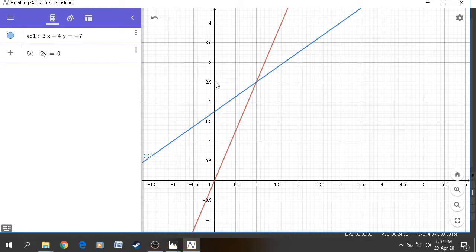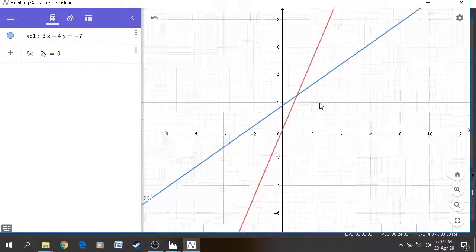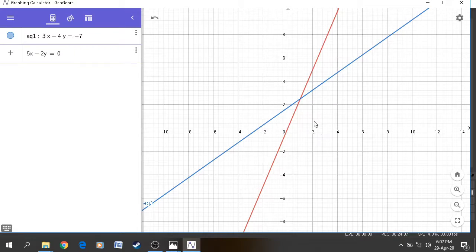So 5 comes right in the middle of 2 and 3. I will name them: this is 2.1, this is 2.2, this is 2.3, this is 2.4, this is 2.5, which is our solution. 2.6, 2.7, 2.8, 2.9, and 3.0. So this is how we should draw these lines.